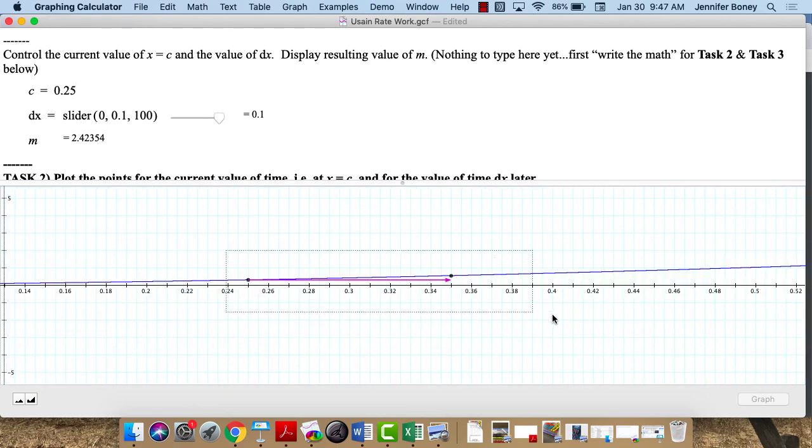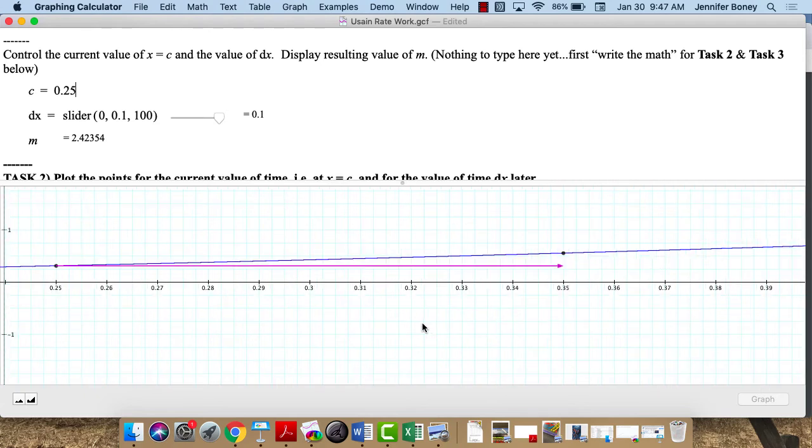And so for 0.25, we have a graph that looks quite a bit different from the last one, but this is 1/4 of a second into the race. So look at the set of 3 values for M that you get at the 3 different values of dx. And we're going to talk about the patterns in those in a minute.